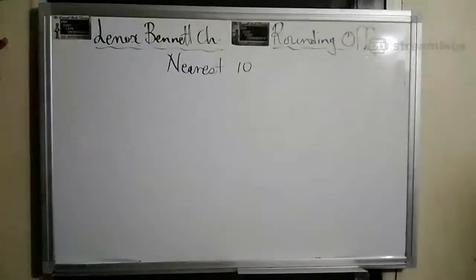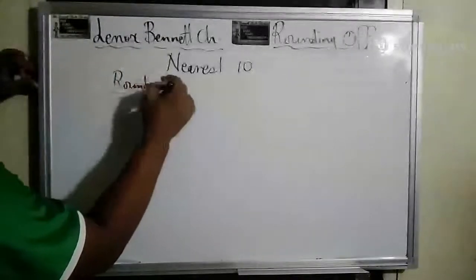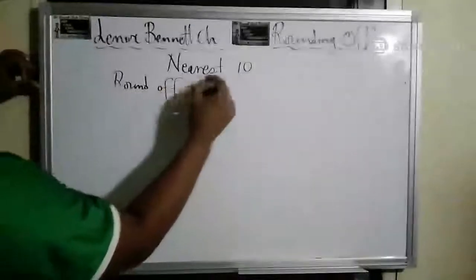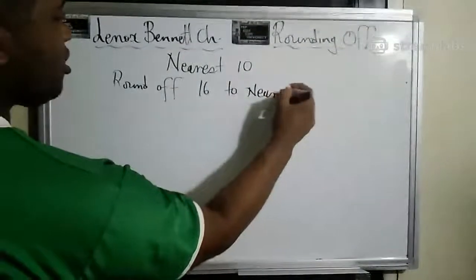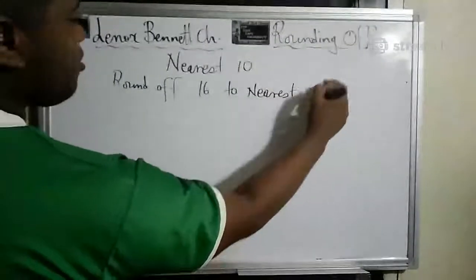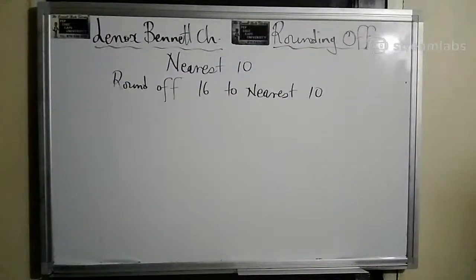My teacher never told me that, but rounding off is actually distance. Now let me explain. Let us say they say round off 16 to the nearest 10.